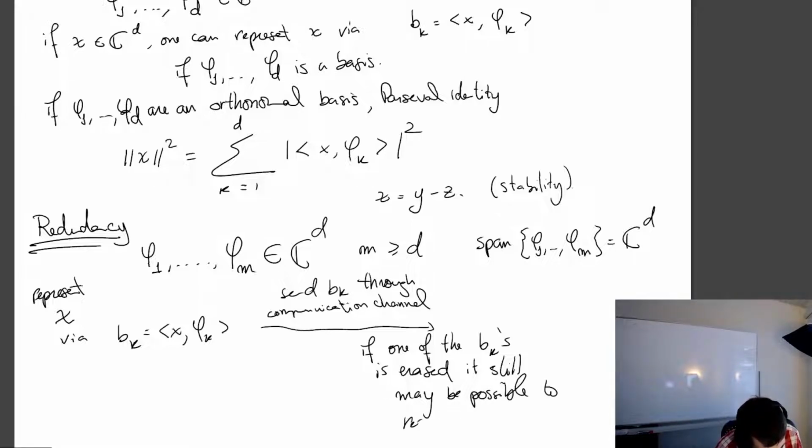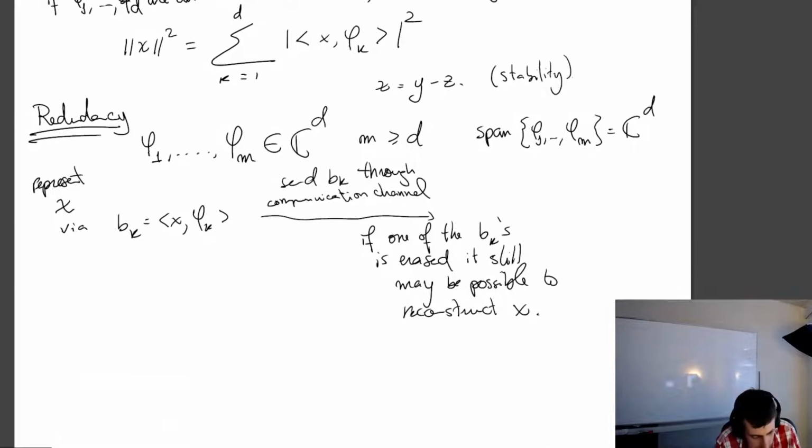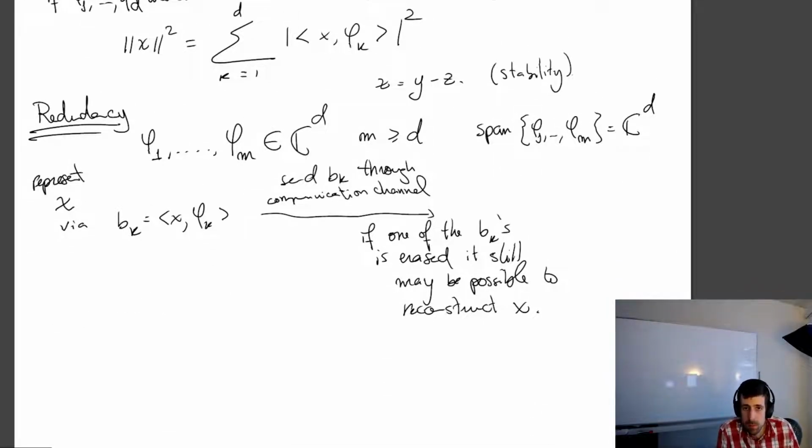If I have many vectors, say two bases, clearly if I lose one element, I can just use the other basis to represent.